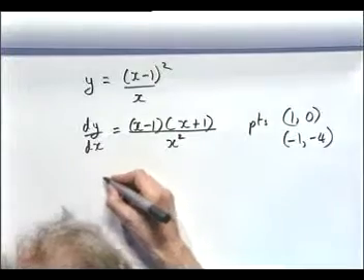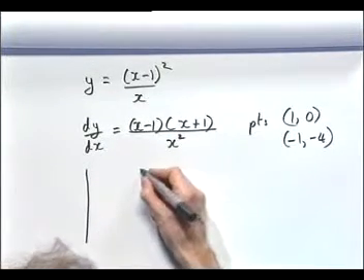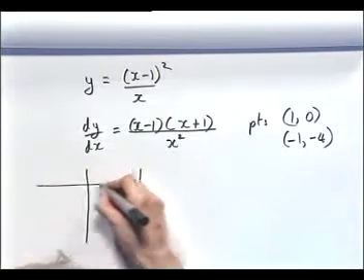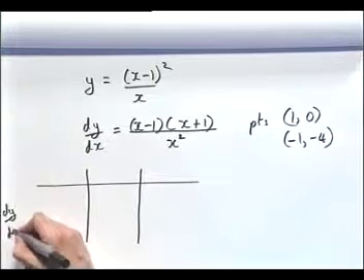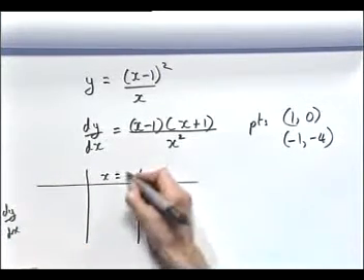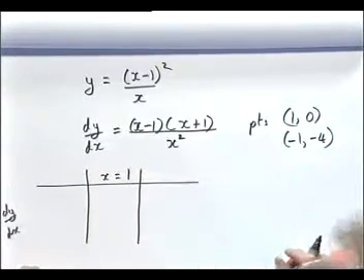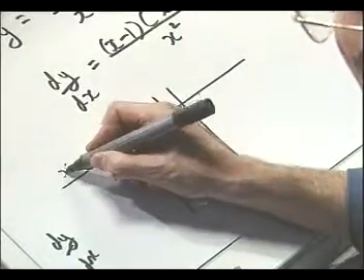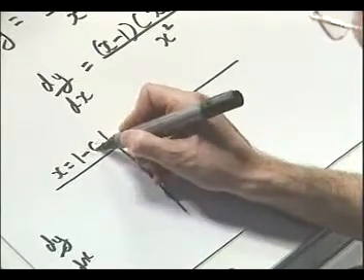So let's set this up. And the way we're going to set it up is to have a little table. So here's dy by dx, and here is the point we're interested in at x equals 1. Now I want to look a little bit before x equals 1. So I'm going to say this is x equals 1 minus epsilon.